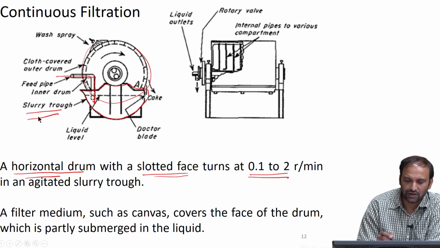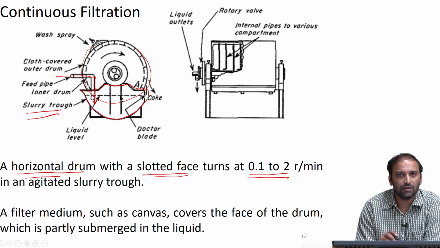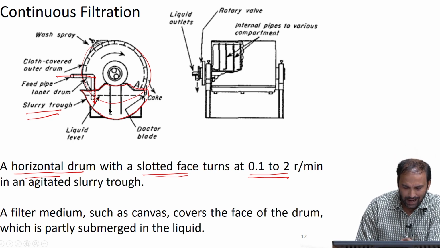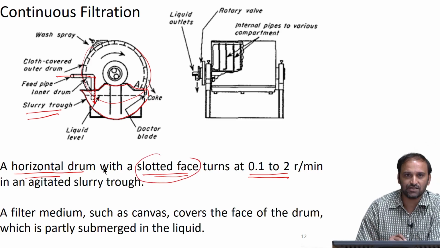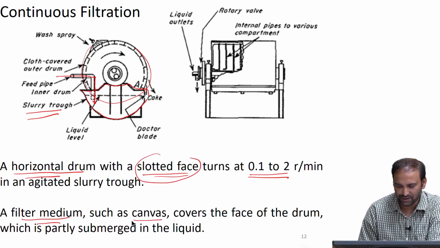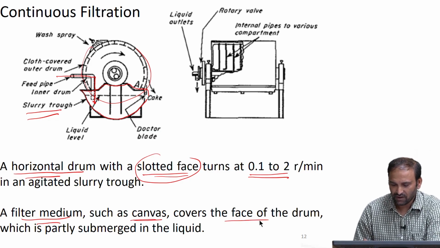As you can clearly see, there is a portion of the drum that is immersed in the slurry trough. Over this slotted face you have a filter medium, it could be a canvas or a cloth for example, and that covers the face of the drum.